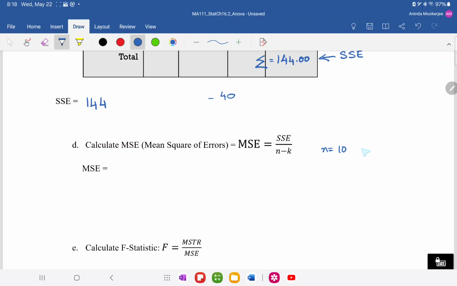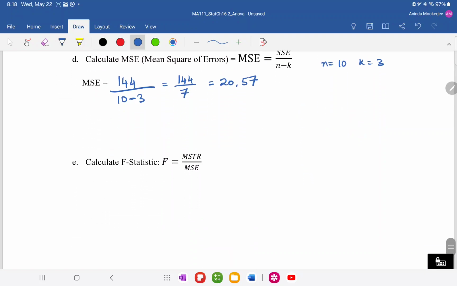So n is 10 and k is 3. So 10 minus 3 is 7. SSE being 144 divided by 7 is 20.57. That's our MSE value.